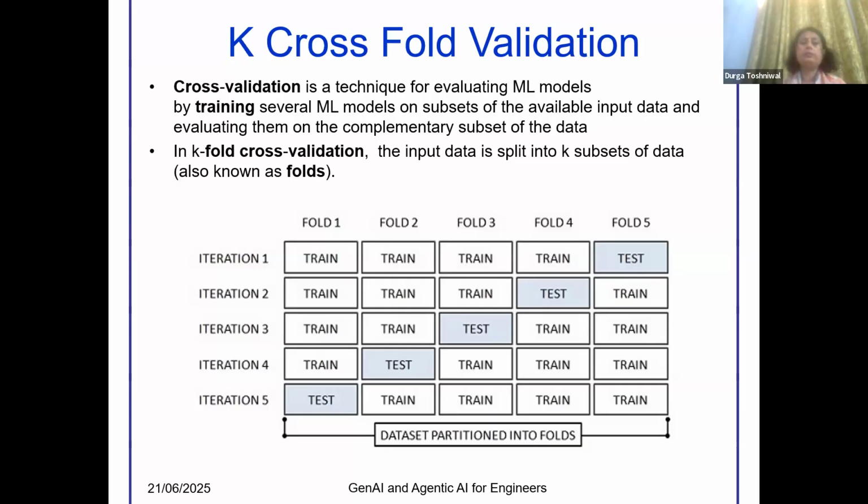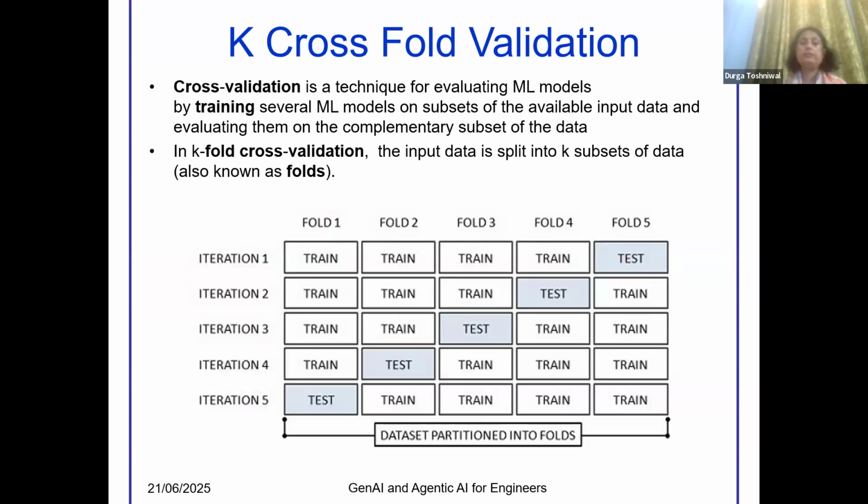For example, what you are seeing here are the 5 folds. In the first iteration, fold 5 is chosen as the test set, and the rest of the 4 folds are used as the training data to build the model. Then in the second iteration, the test set is now fold 4, and the rest of the data is the training set.